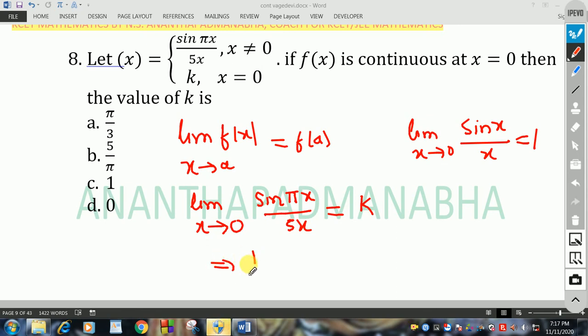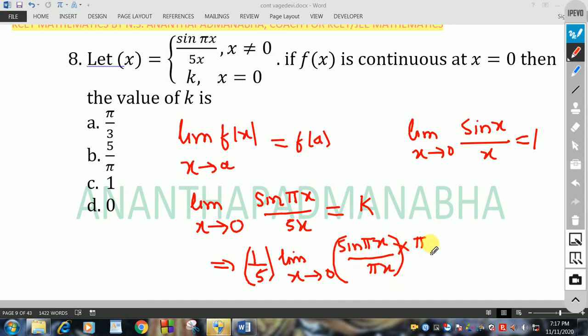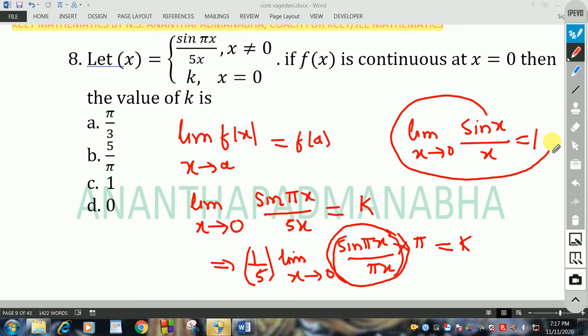I will take this 5 outside because it is a constant. I will rewrite this as limit as x tends to 0 of sin pi x divided by pi x, and I will multiply this by pi, so that the value will not change. So now the term inside this bracket is 1. The value is 1 by this theorem, limit as x tends to 0 of sin x by x is equal to 1.